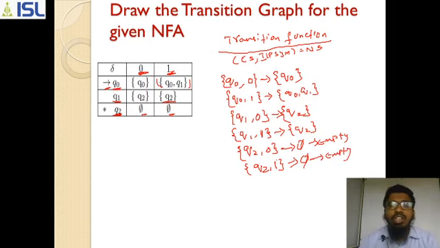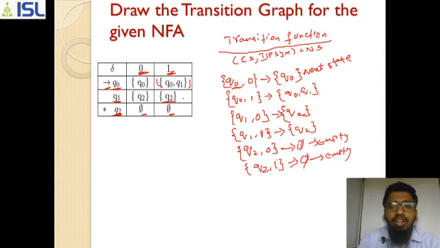So we designed the transition function. First one, what is the present state? Why are we taking Q0? Because this is the initial state. Q0 comma 0 gives the answer Q0, which is the next state.